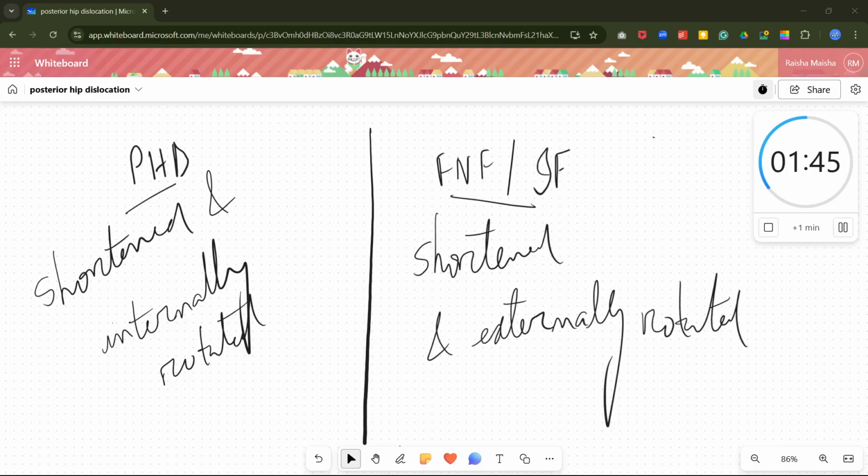There may be weakness of ankle dorsiflexion due to involvement of the common fibular nerve, and decreased ankle reflex due to involvement of the tibial nerve.